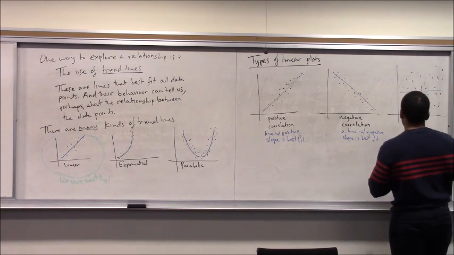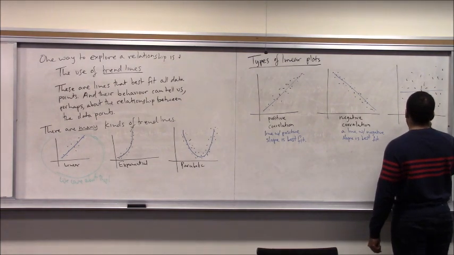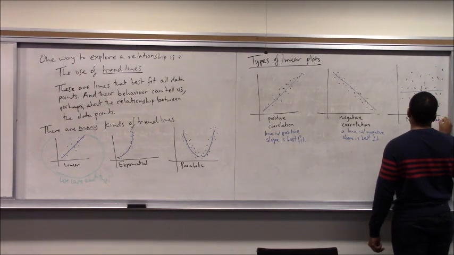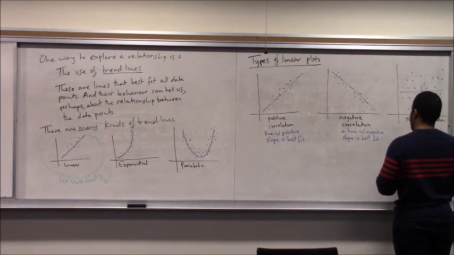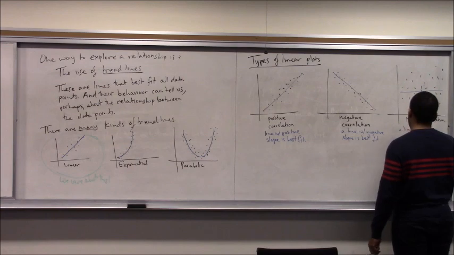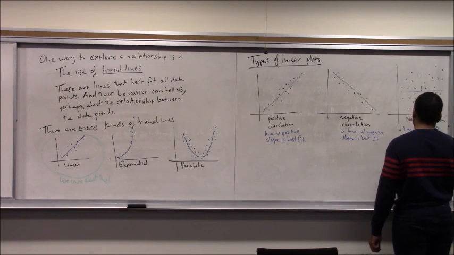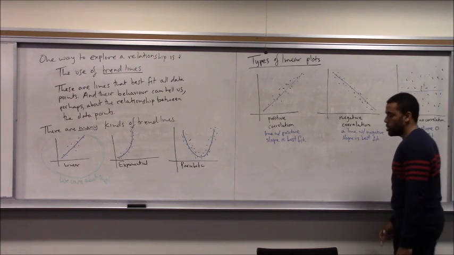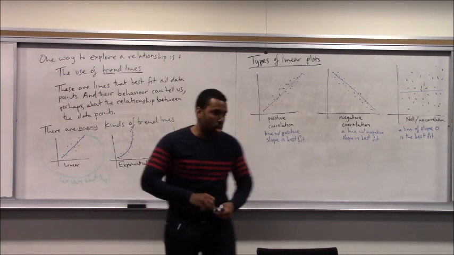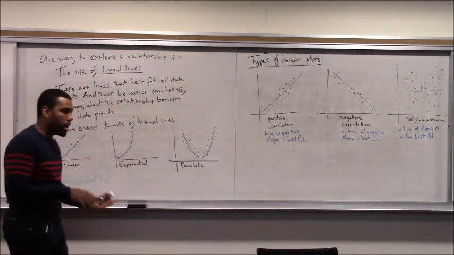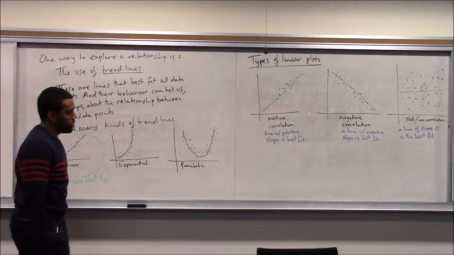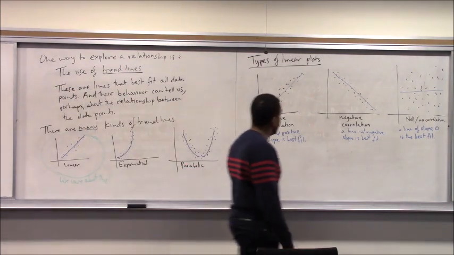So this is called null or no correlation. It's just like a line of slope 0 is the best fit, because there's no discernible trend. You can't say one thing is moving up and the other is moving up, or when one thing is moving down, the other doesn't move. There's no directional information given to you here.